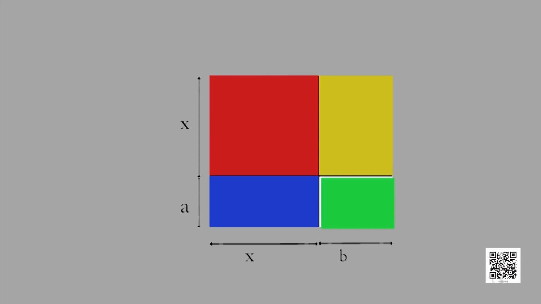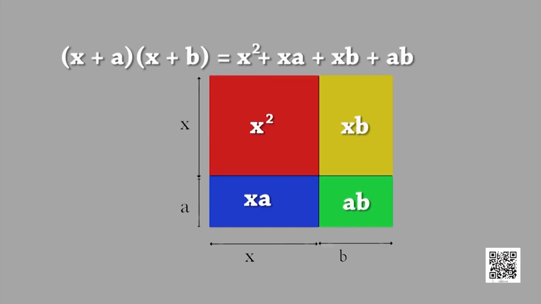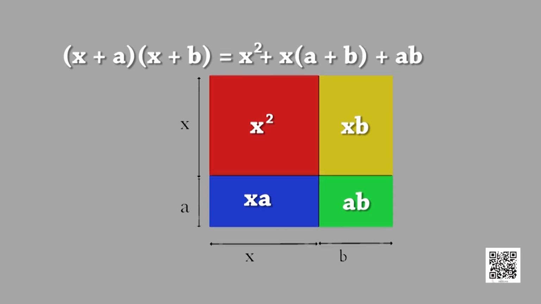If you add all these areas part by part, we get the area of the original figure, that is (x + a) into (x + b) is equal to x square plus xa plus xb plus ab. If you take x as common from second and third terms of RHS, we get x square plus x times (a + b) plus ab.